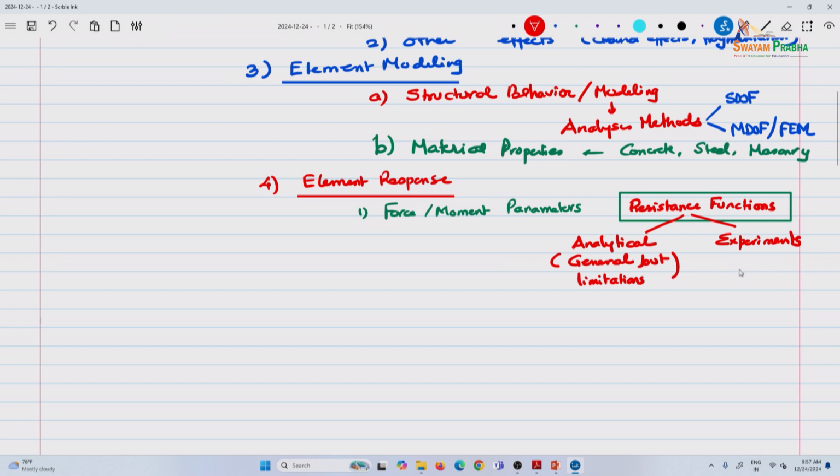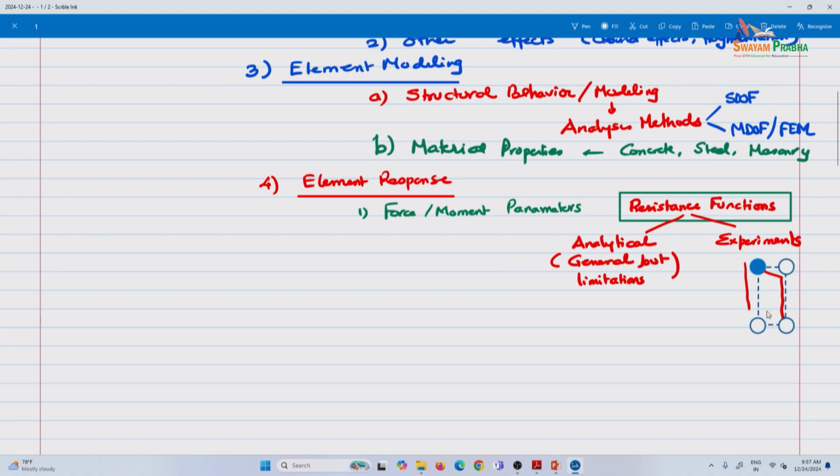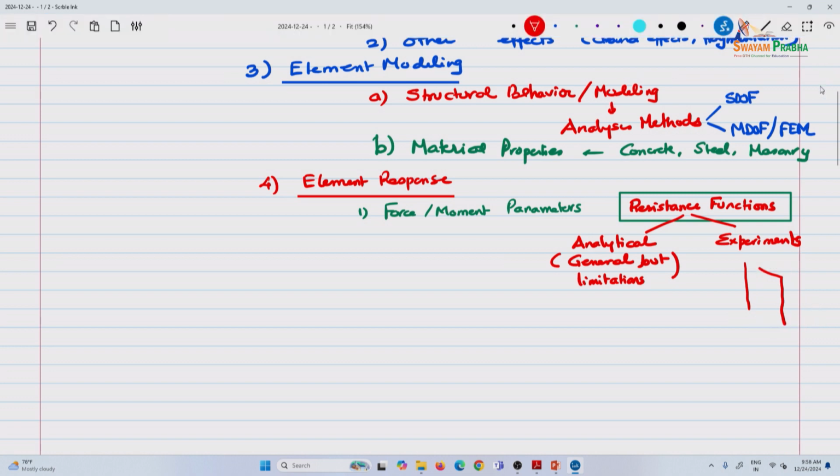So you take, for example, a slab, and let's say you're constraining it here and here, and you're applying a load, and you know the pressure versus time on the load, and then you get P or F, the force versus time, and then you'll get a function something like this, a response like that.